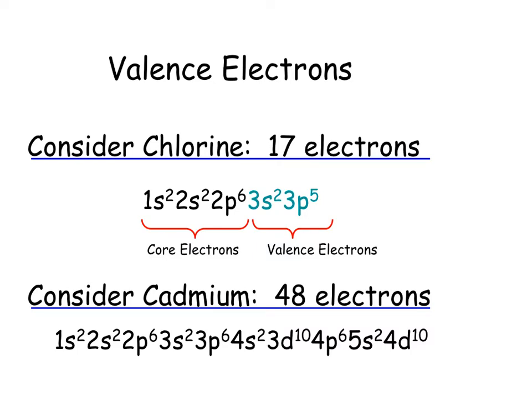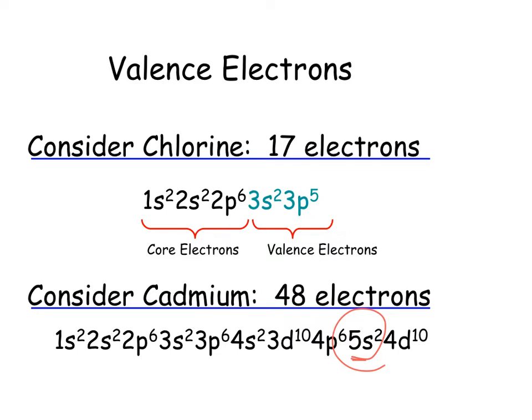Let's look at a different element like cadmium. Here we have its electron configuration. What would be the valence shell here? You've got to scan through and try to find the highest number, the highest principal quantum number, large number before the letters. In this case, it's going to be 5. 5s2 is my valence shell, which means that in this case, the atom wants to actually lose.